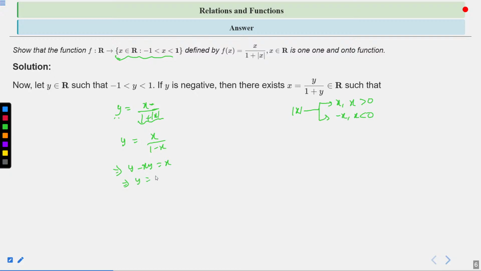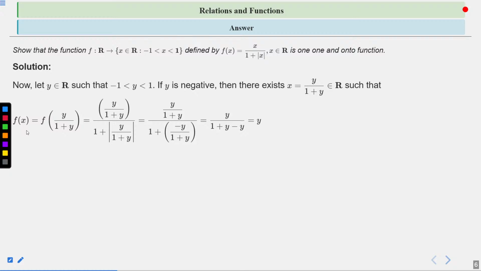So y is equal to x times 1 plus y. So what we will get? We will get x is equal to y upon 1 plus y, right? Clear? So if y is negative, then there exists x equal to y upon 1 plus y.